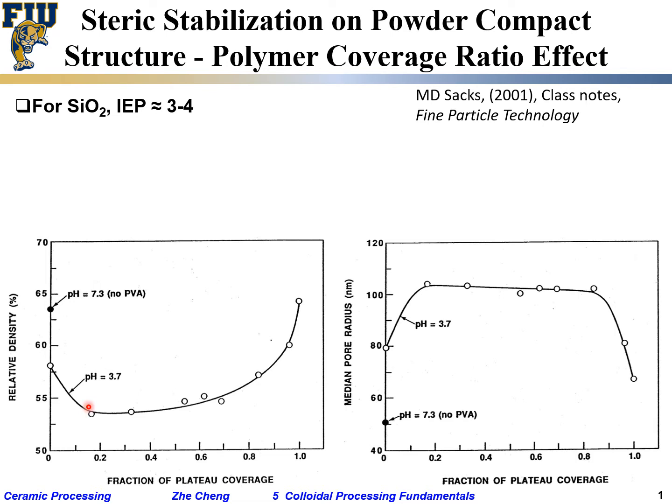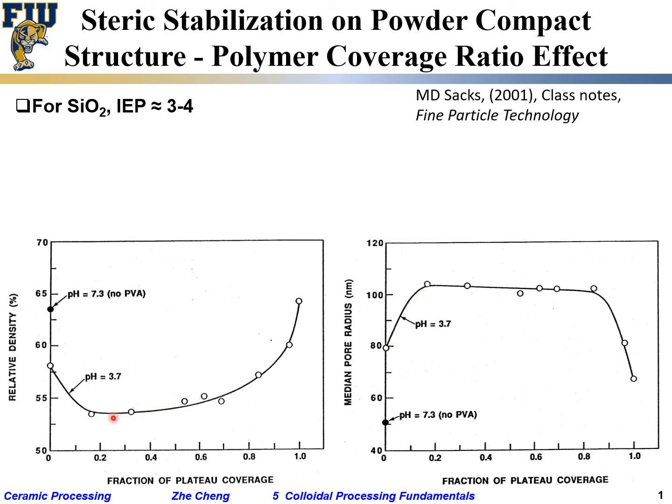When they come to a certain distance, the chains become slightly interlocked, entangled a little bit. That causes so-called bridging flocculation, which means the particles come together, and then the flocculates or agglomerates become larger, and as a result, they pack less dense, or the pores become larger.